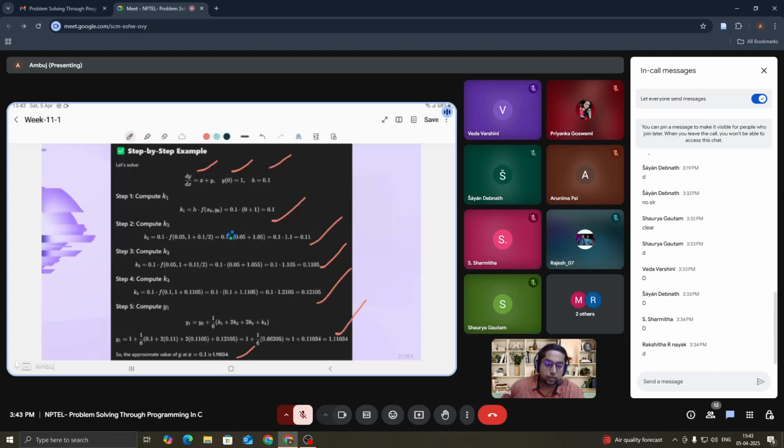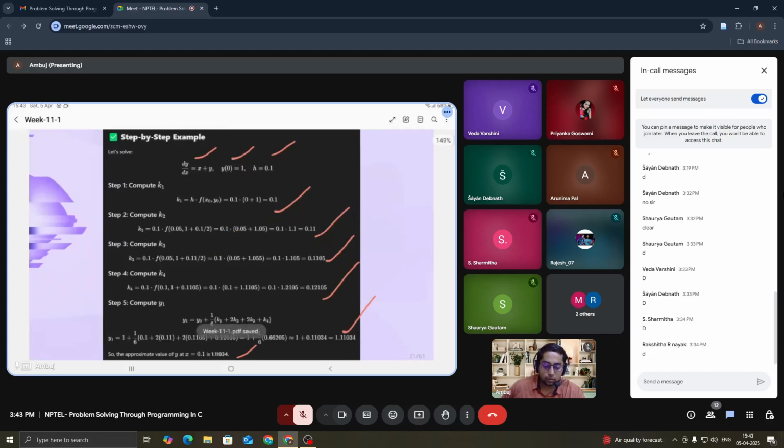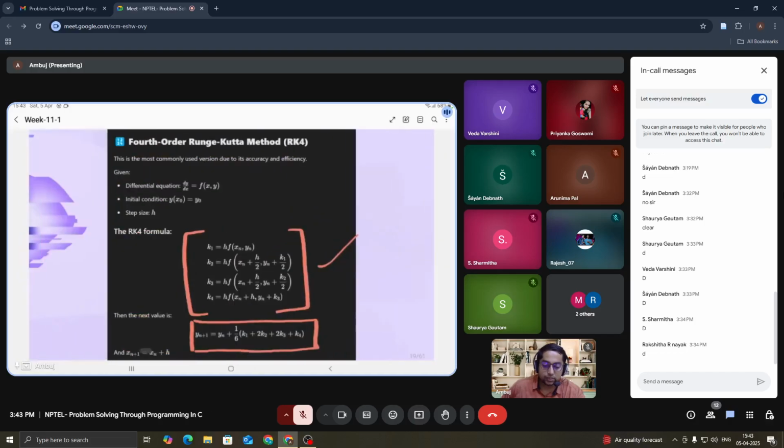You have to keep in mind the expressions, the constants k1, k2, k3, k4, as well as the final expression. yn+1 is yn + 1/6 (k1 + 2k2 + 2k3 + k4). K1 is h into f(xn, yn).